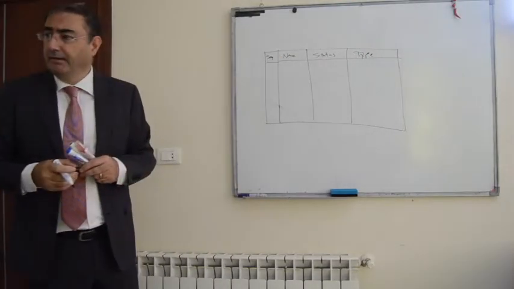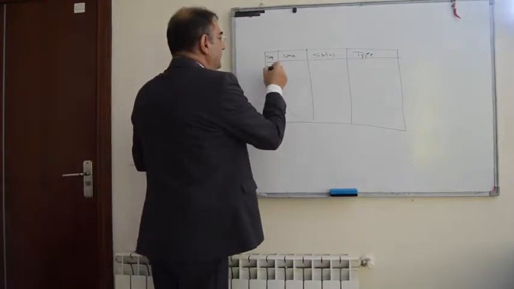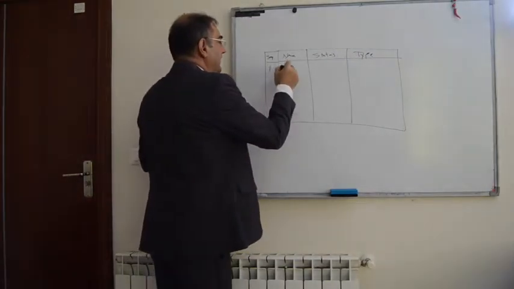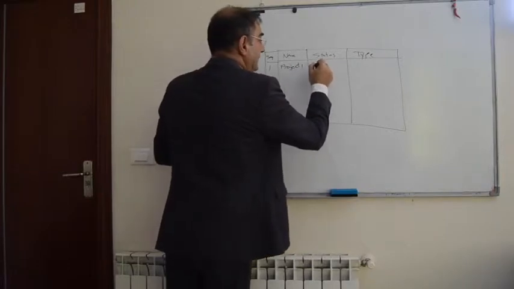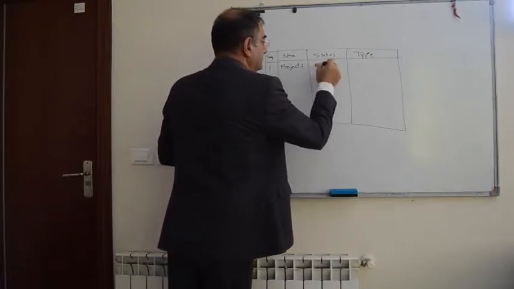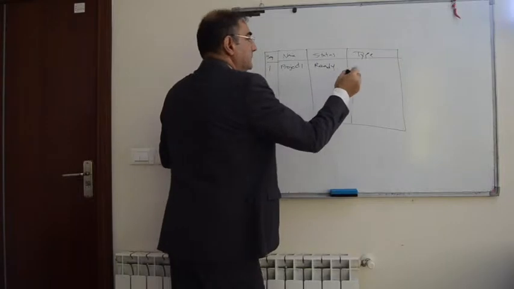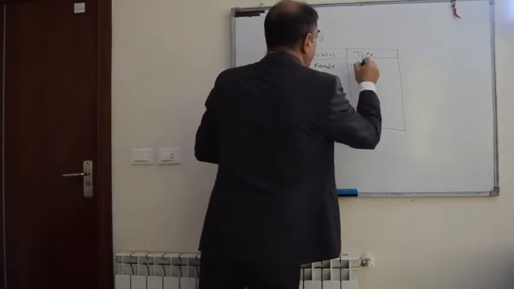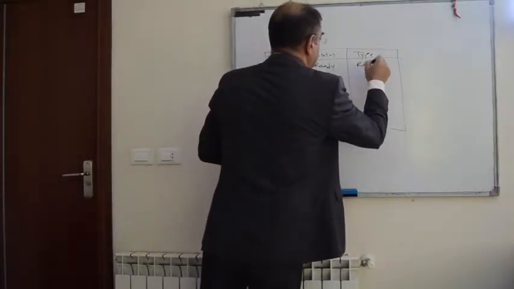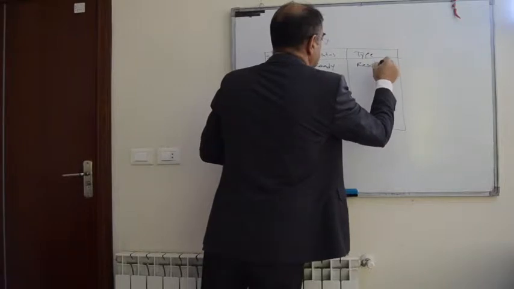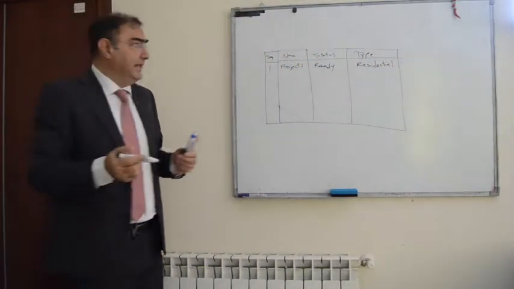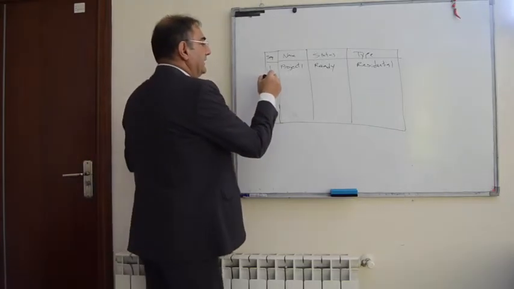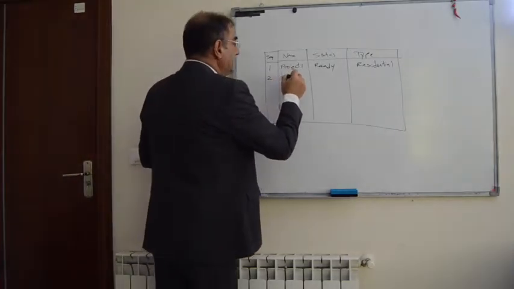Okay? So we have, let's say sequence 1, name, let's say project 1, status ready, and type residential. Okay? Let me have another project that is called project 2.